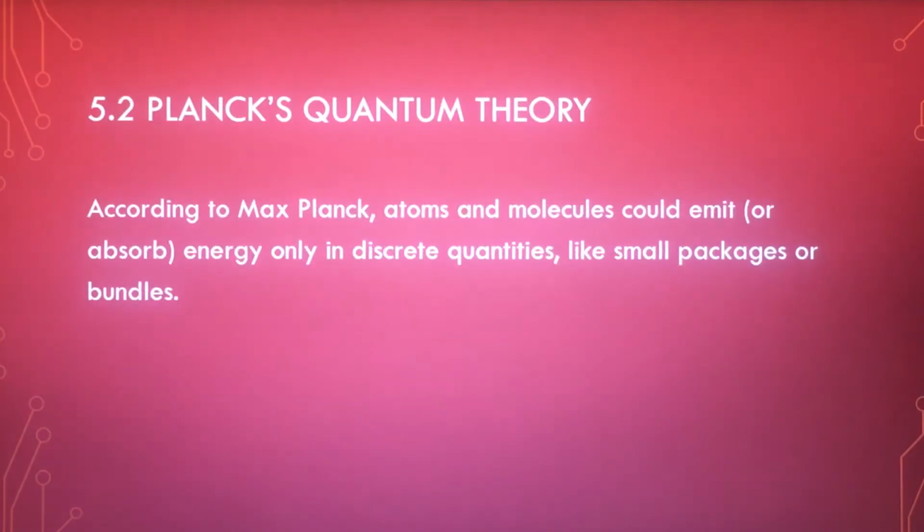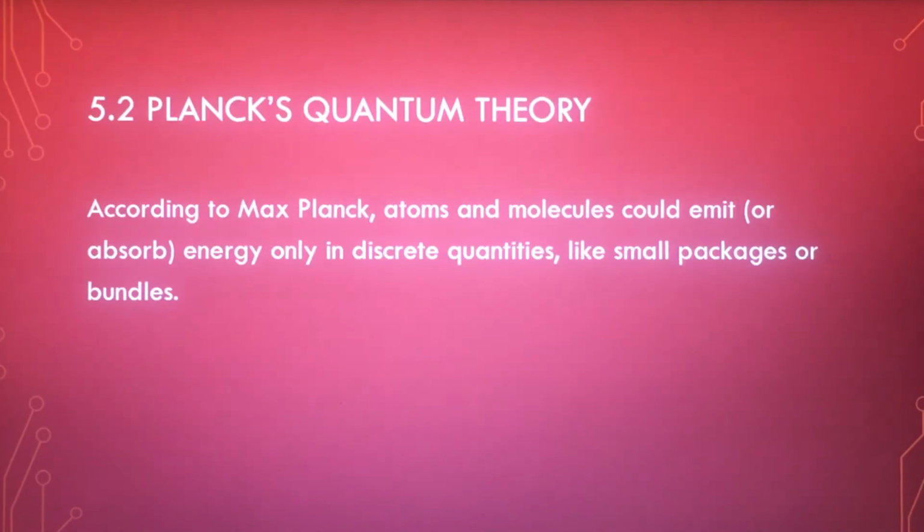And according to him, atoms and molecules could emit or absorb this energy, but only in discrete quantities. So we have these tiny little amounts of energies that are being absorbed or emitted by atoms and molecules, and these are discrete quantities. So we cannot have, for example, 0.1 or 0.001.